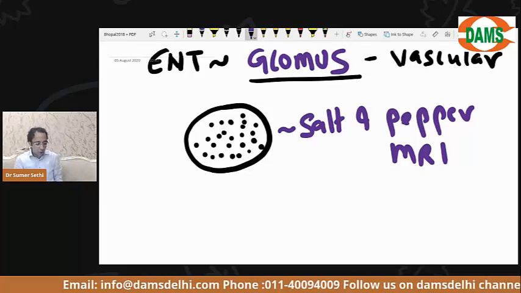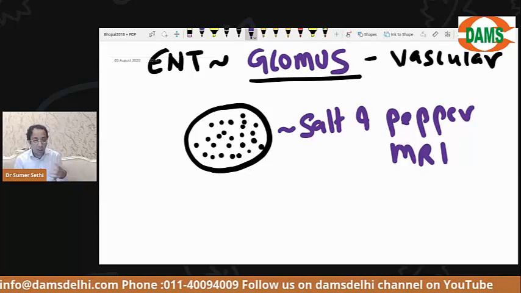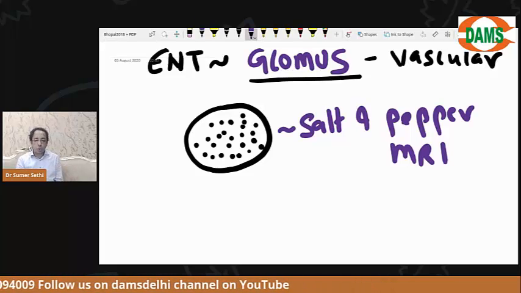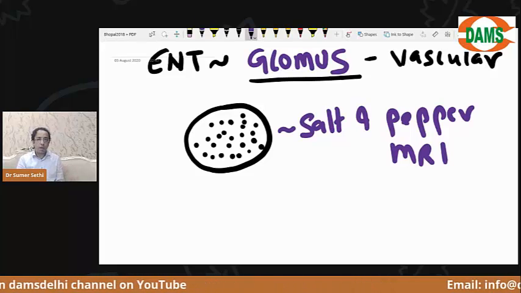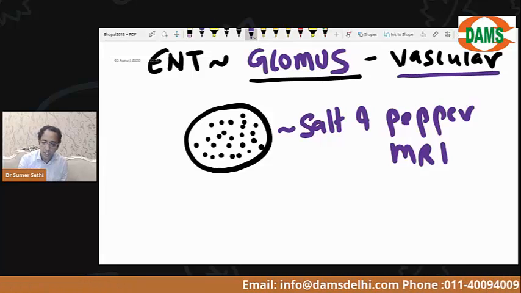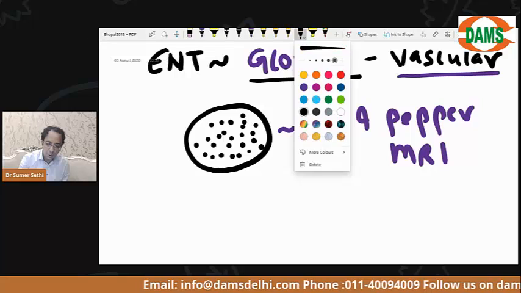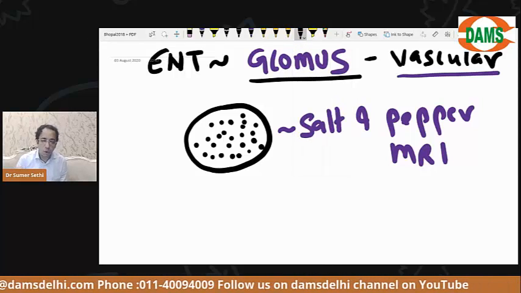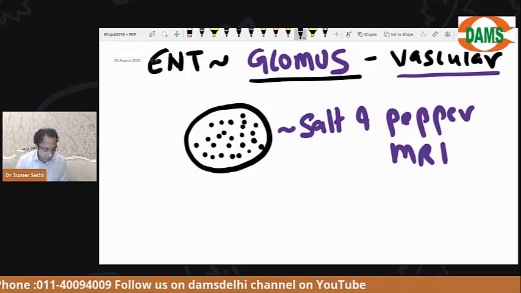So I hope this helps you to understand what you learned in your ENT also. In ENT they said glomus tumor on MRI will have salt and pepper appearance because of vascularity, because the blood vessels which have flowing blood show flow void. Is that okay to understand?